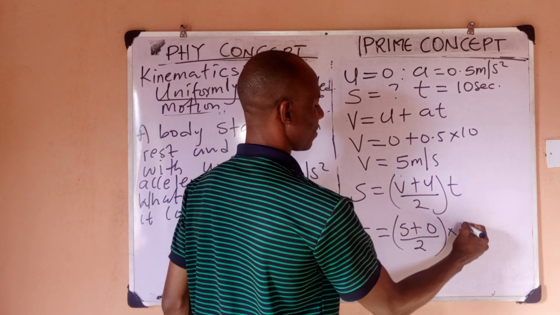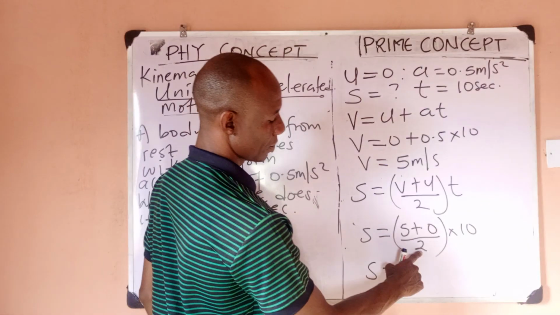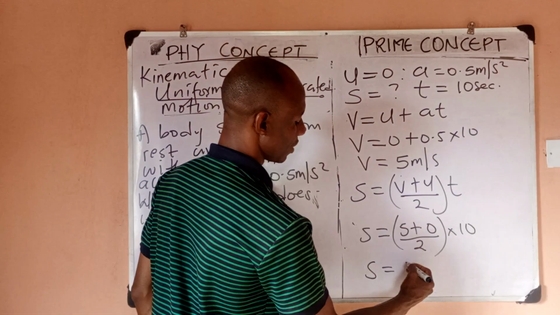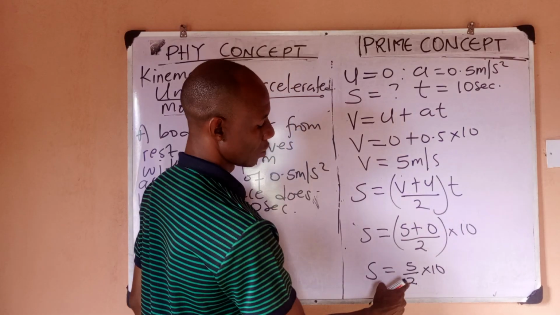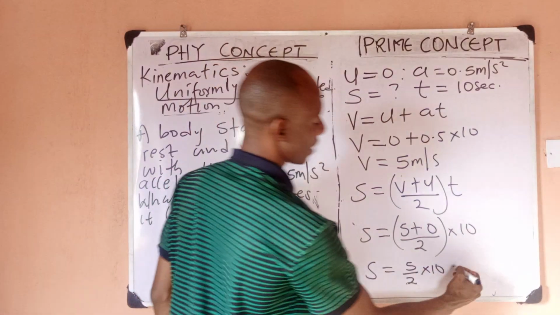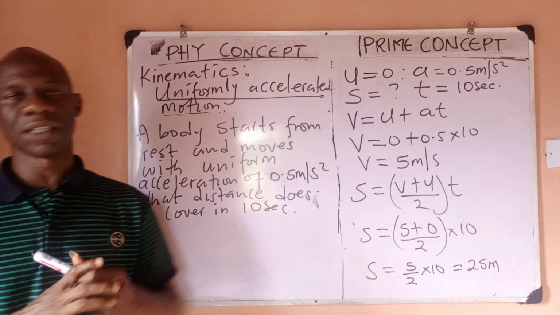Then this multiplied by the time 10. So s becomes 5 plus 0 is 5 over 2 times 10. So 2 in 10 is 5. 5 times 5 is what? 25 meters. Same way. So we can solve this in so many ways.